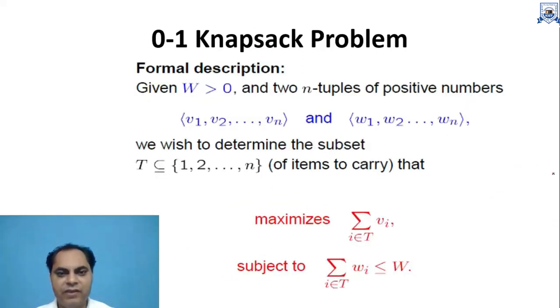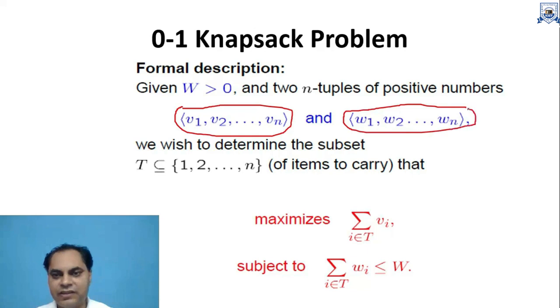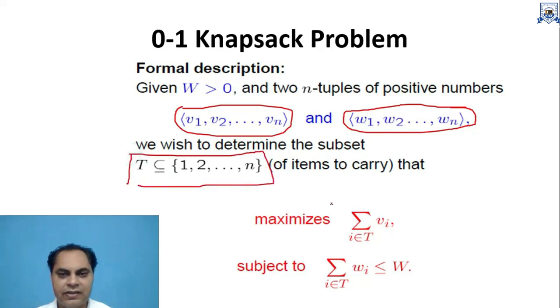In a formal way, using mathematical expressions, we can say that for a given W which is greater than 0 and two n-tuples of positive numbers v1, v2, ..., vn, which denote the values of the items, and one more tuple of size n, w1, ..., wn, which denotes the weights of the items, we wish to determine the subset T that maximizes the sum of Vi, subject to the weight of the items collected always being less than or equal to the capacity of the knapsack.